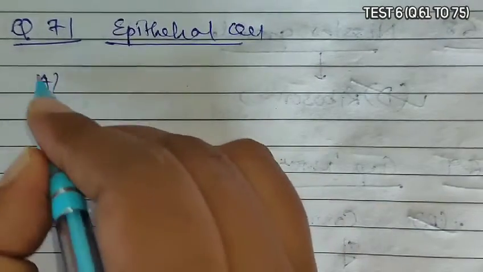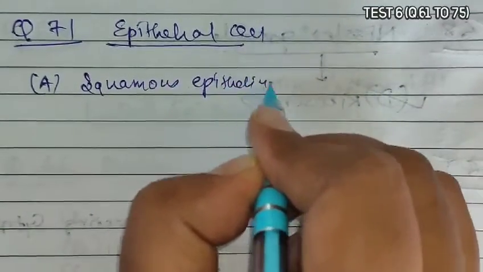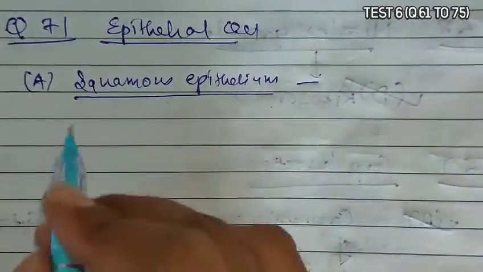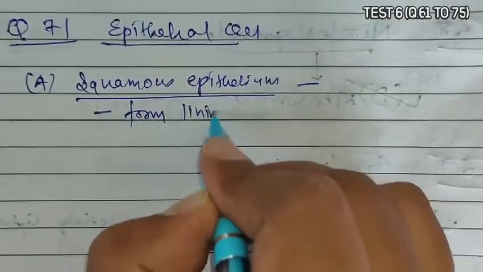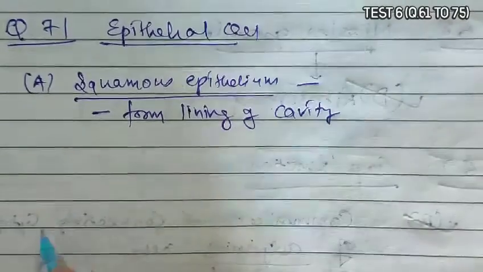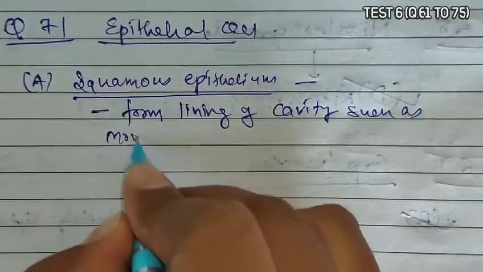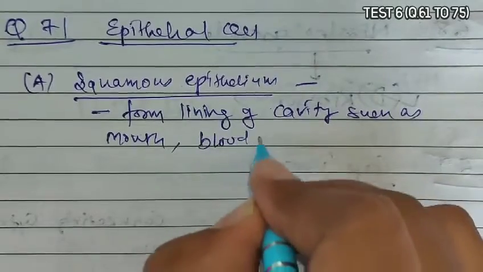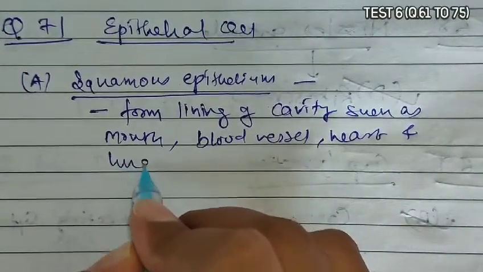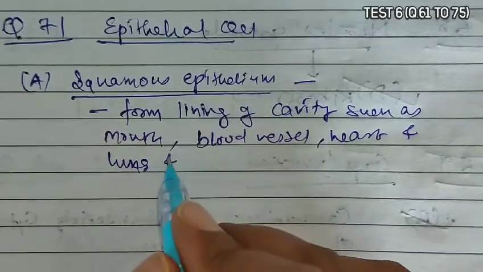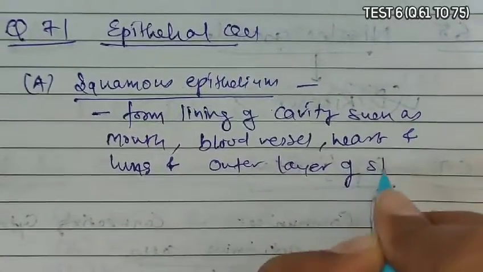Actually, if we talk about option A, that is squamous epithelium, this squamous epithelium forms a lining of cavities such as mouth, blood vessel, heart, and lung, and makes up the outer layer of skin.